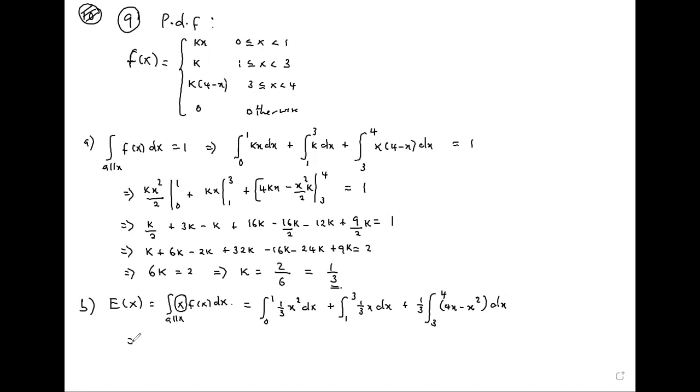So that we must get x cubed over 9 from 0 to 1, plus x squared over 6 from 1 to 3, plus 4 x squared over 6 from 3 to 4.